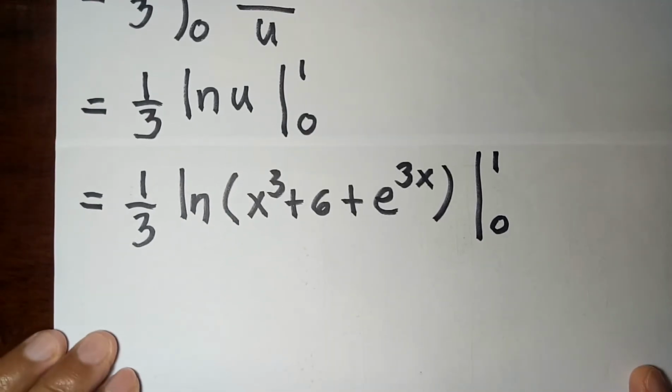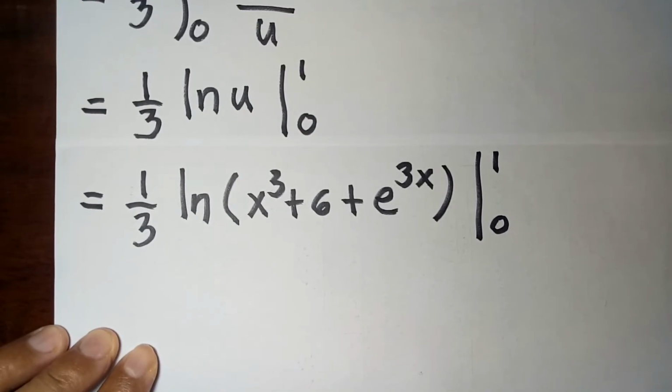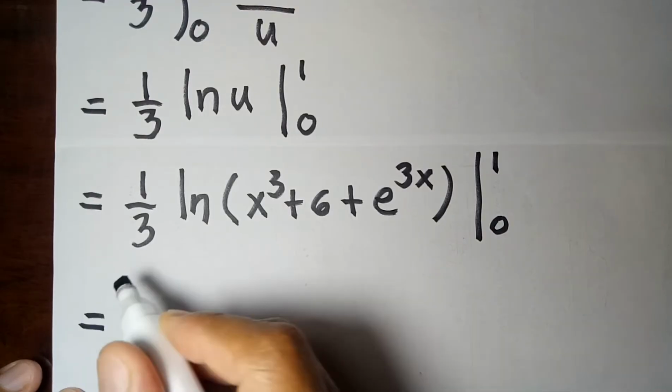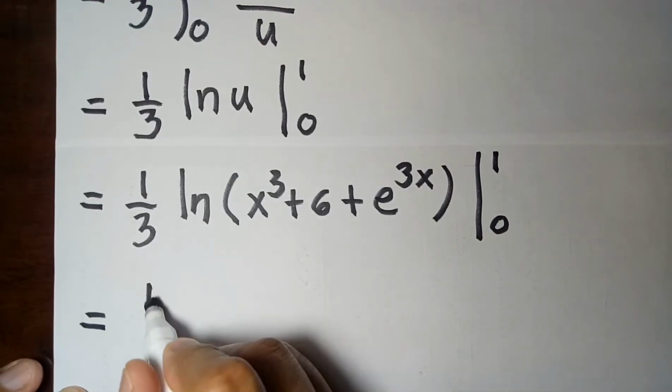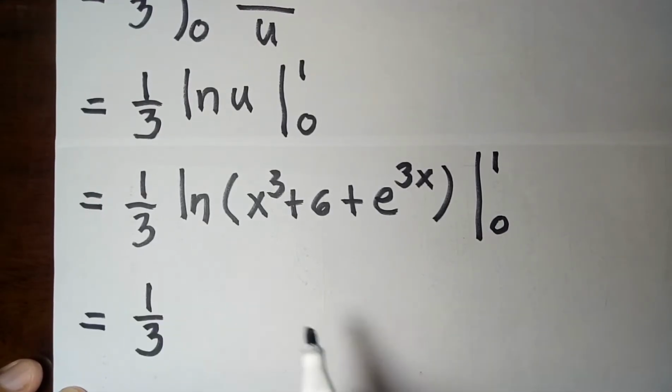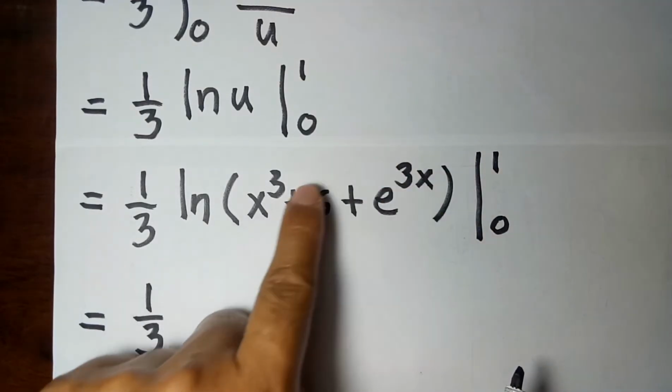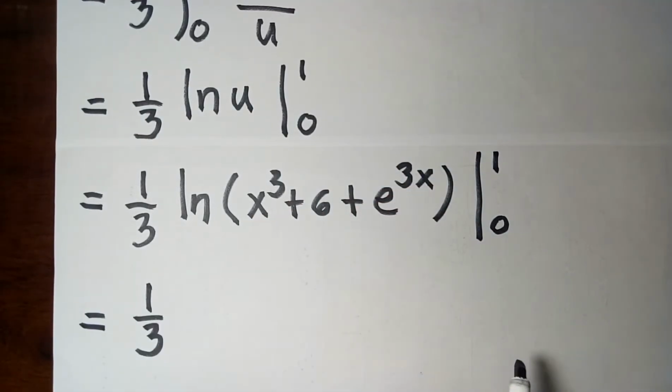Let us now evaluate 1/3 ln of x cubed plus 6 plus e raised to 3x from 0 to 1. So I will have 1/3, the constant. So when x is 1, all x should be replaced by 1.